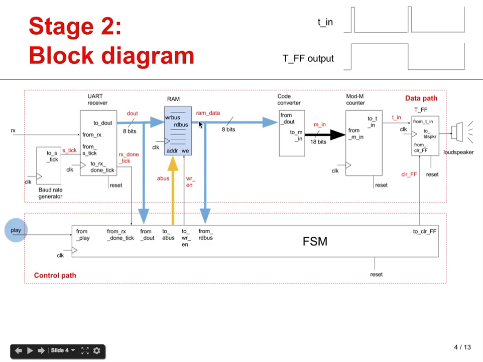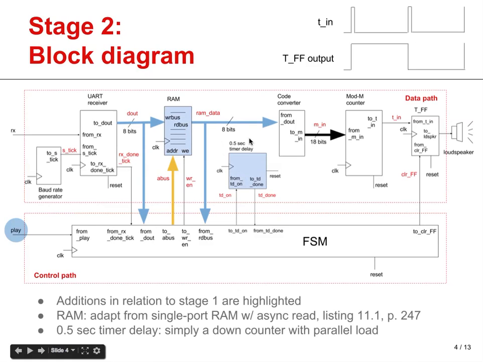Now, besides the memory to store the incoming ASCII codes for the ABC notes, we will also need a timer block to generate a new tick every time that half a second has elapsed. And this comes from the specification that we want every note to play for half a second.